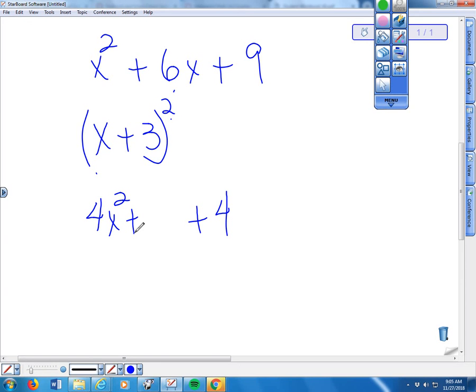I'm thinking here. I'll just do one. 4x squared. So again, square root of this, actually this isn't right. Let's do this too.